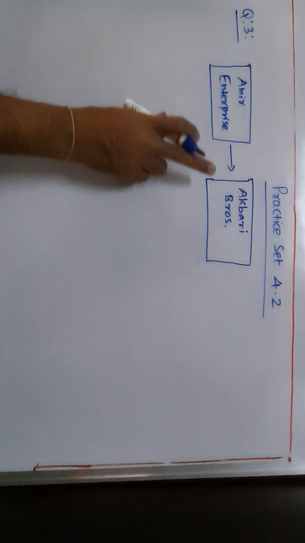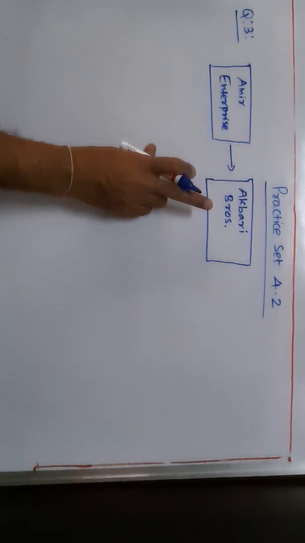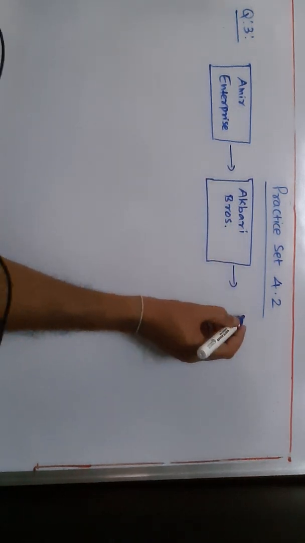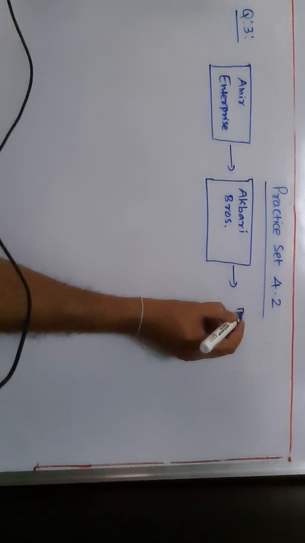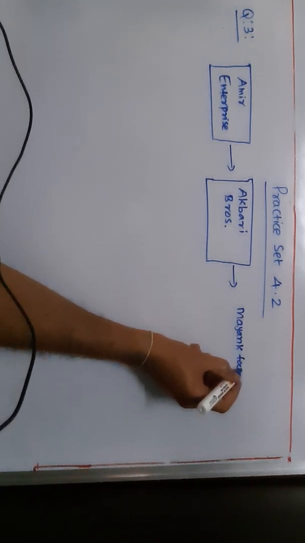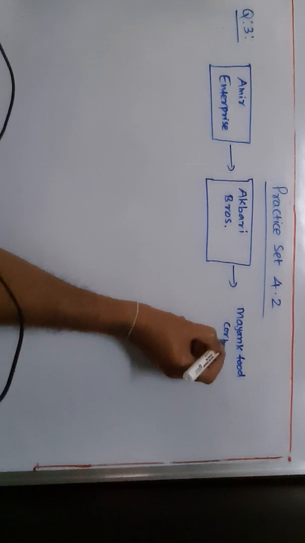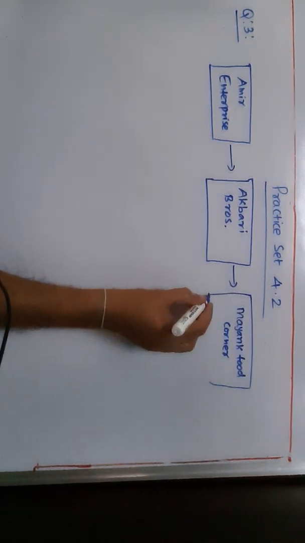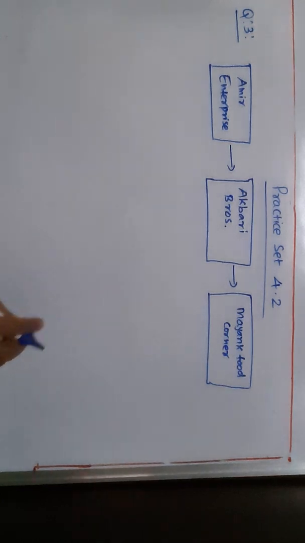Then Mayank Food Corner purchased these bottles from Akbari Brothers. So the third trader is Mayank Food Corner. They purchased the chocolate sauce bottles from Akbari Brothers and paid GST of rupees 4,500.